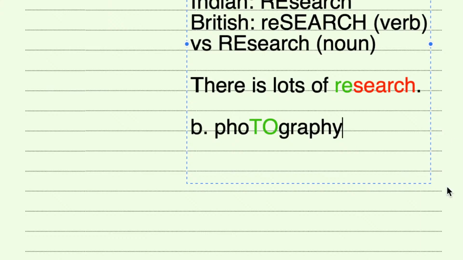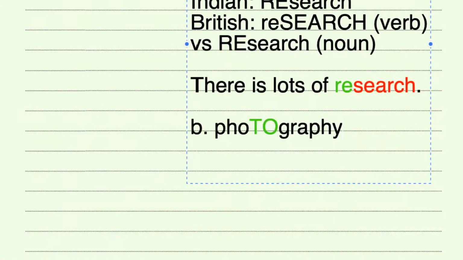There are lots more examples when it comes to word stress. For example, one second, let me just quickly grab the notes up.